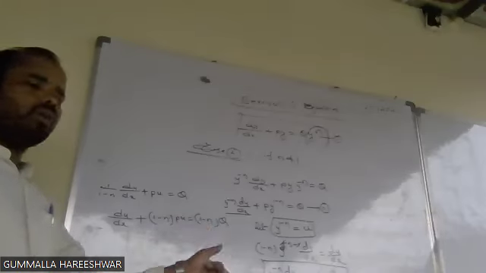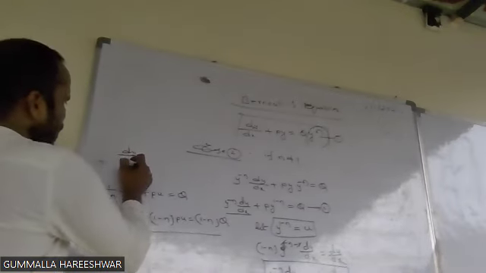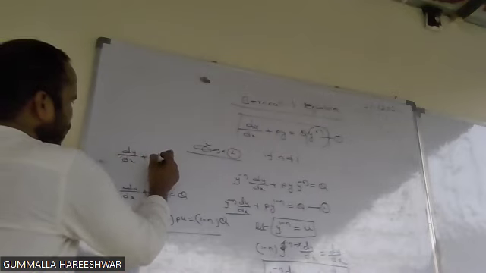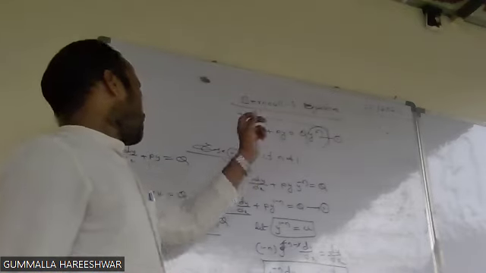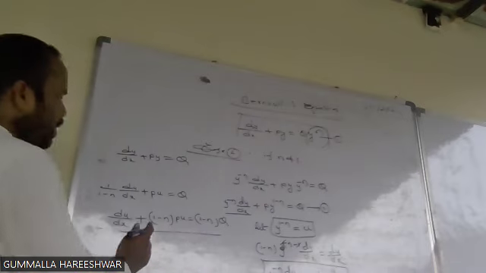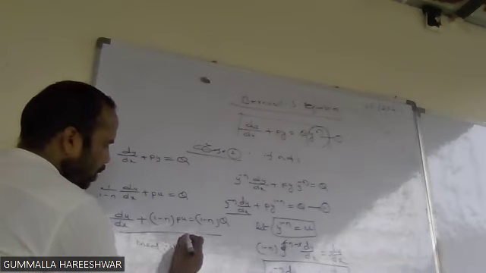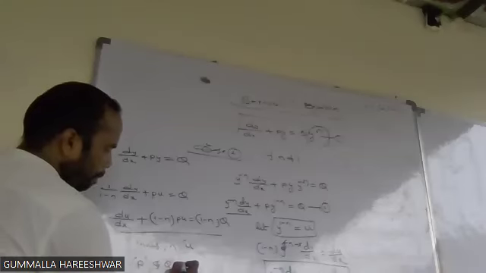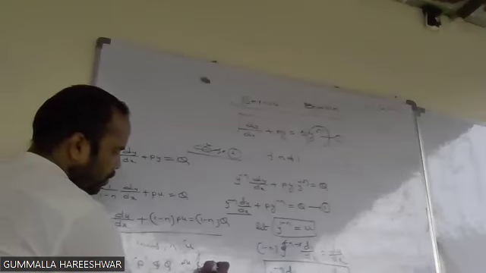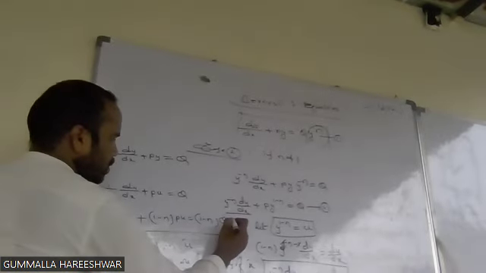Comparing this equation with the linear form dy by dx plus P y equals Q, the given Bernoulli equation is converted into linear form, and it is linear in u, where P and Q are functions of x.